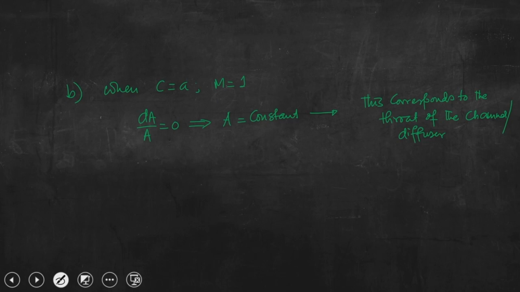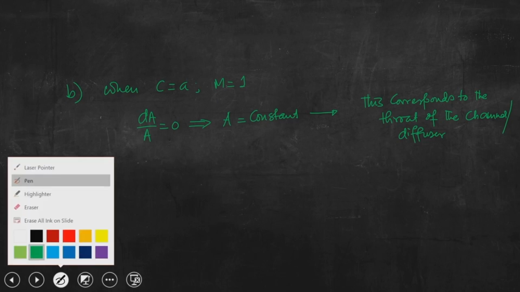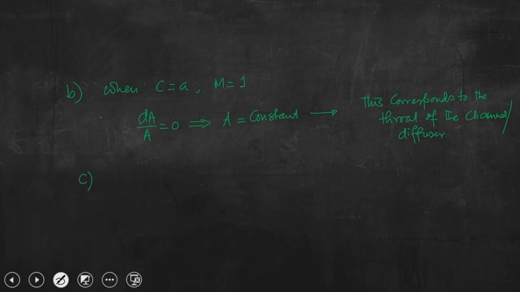So, now the last sub case is C, that is when C is greater than A, that is Mach number is greater than 1.